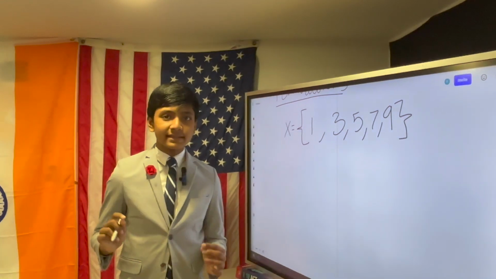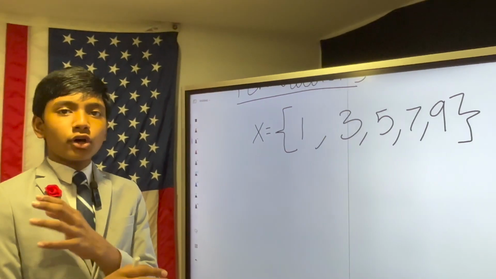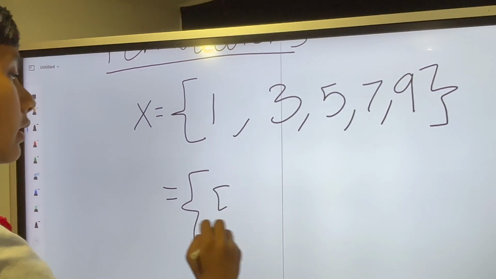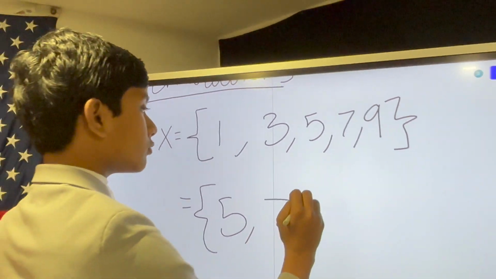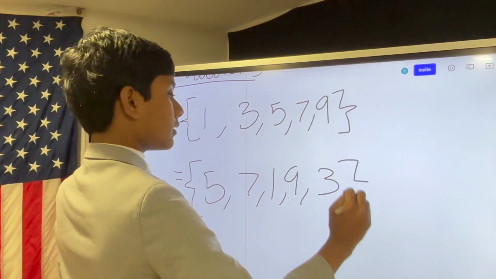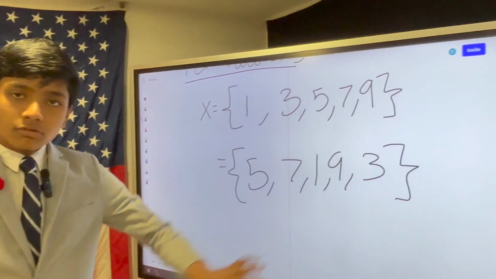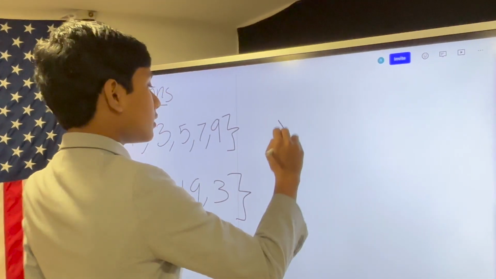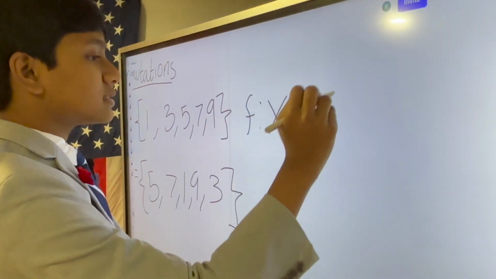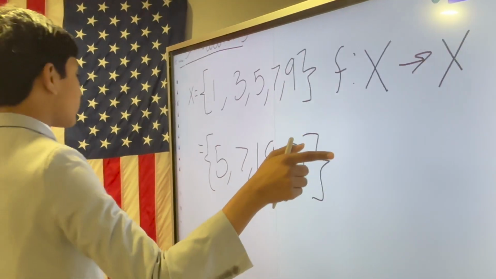What if we take this set and then we just rearrange all the elements in some arbitrary order? Like, for example, 5, 7, 1, 9, 3. Then what we can do is we can create a function from x to x. This is what we call a permutation.